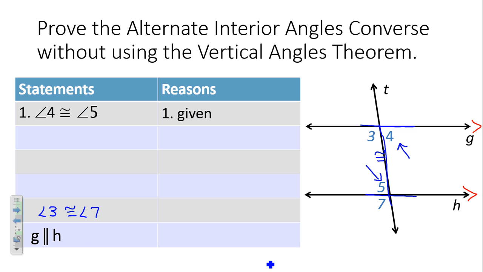And once we have them congruent, then we can say that these guys are parallel because we can use the converse of the corresponding angle theorem. Not corresponding, but 5 and 7 are a linear pair. Good. So 5 is a linear pair with 7.